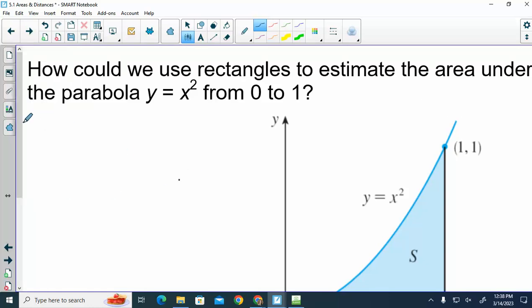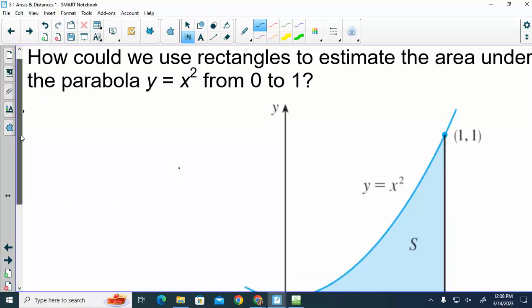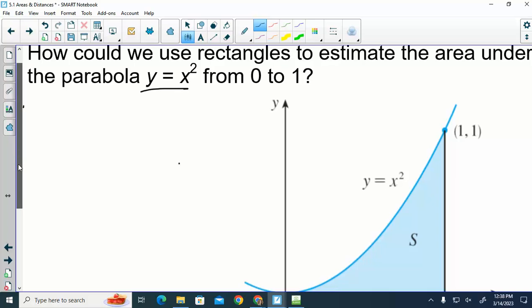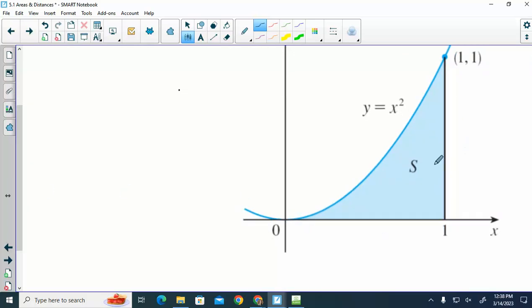So we could try to approximate the area by using rectangles. So here I wanted to know the area of y equals x squared from x equals 0 to x equals 1. Now if I just did a big rectangle, would that be a very good area? No, it'd be way off, wouldn't it?